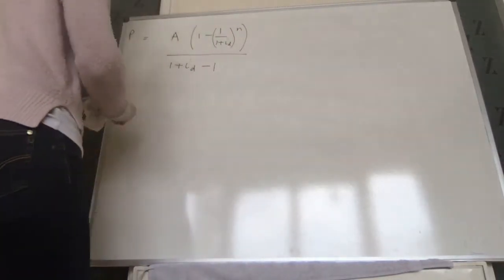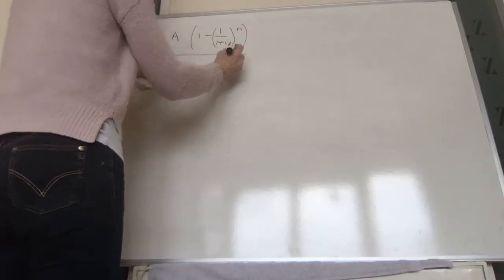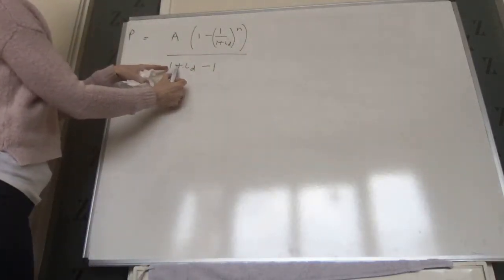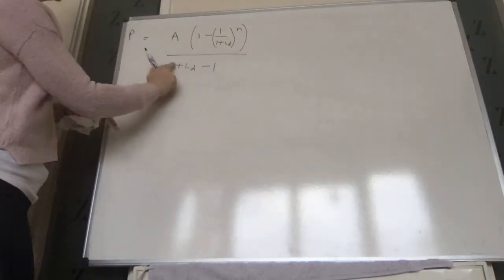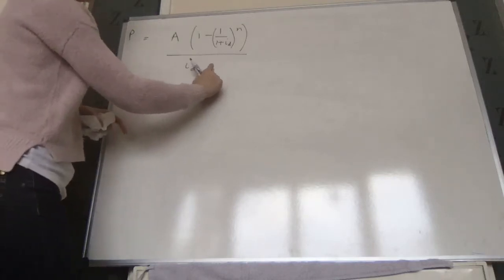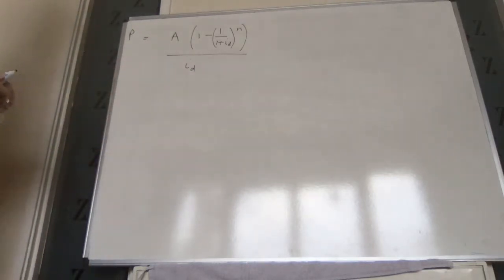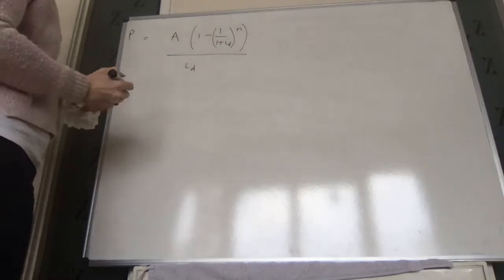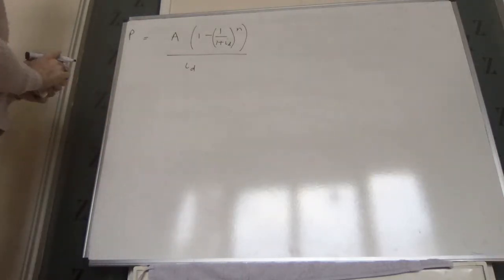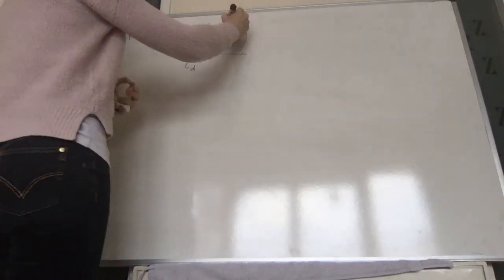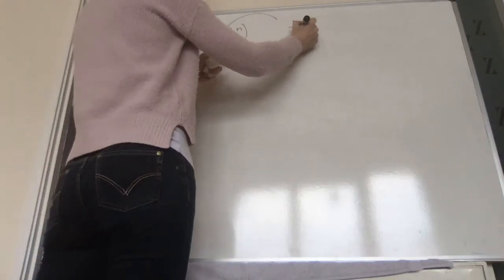Now, it should be obvious here that 1 plus I minus 1 means that the 1 and the minus 1 will add to 0.